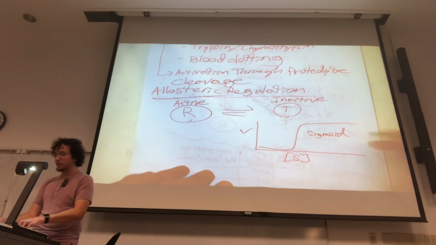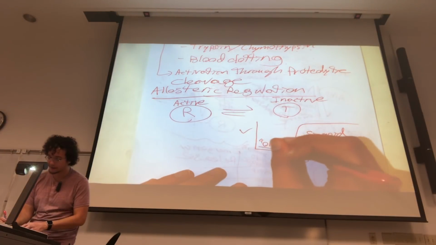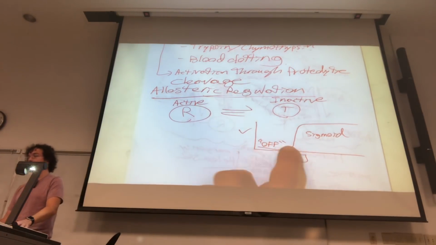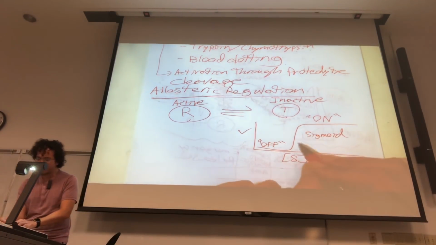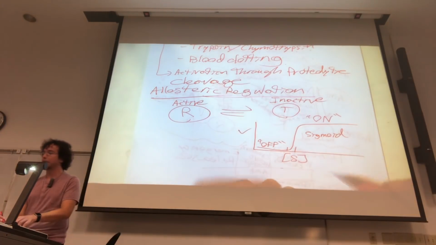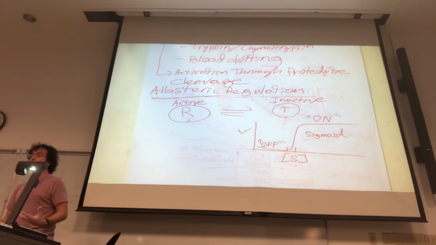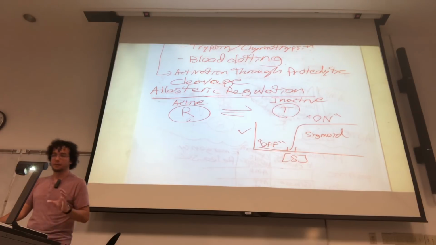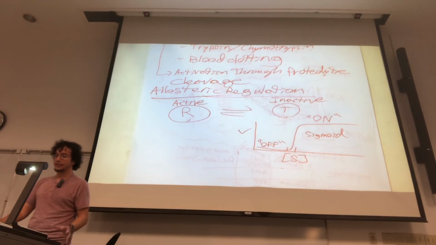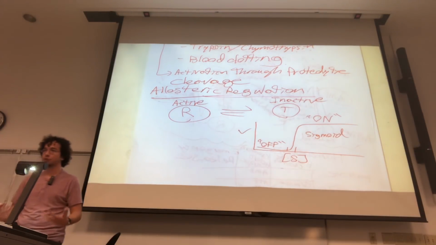What this basically means is that the enzyme exists either in an off state, indicated by this low line down here, and an on state up here. There's a very small area that shows the transition from off to on. This is a unique feature of allosteric enzymes: they are either going at maximum speed or completely off. That is what this sigmoidal shape is trying to illustrate for you.